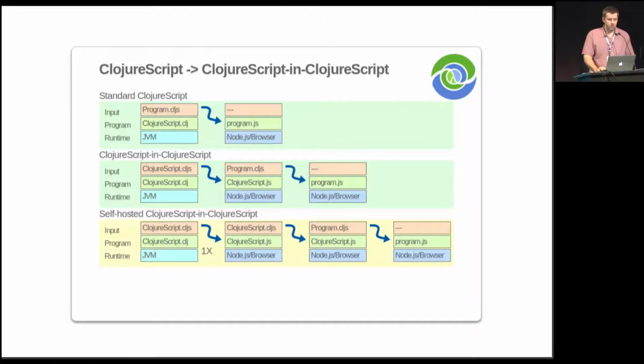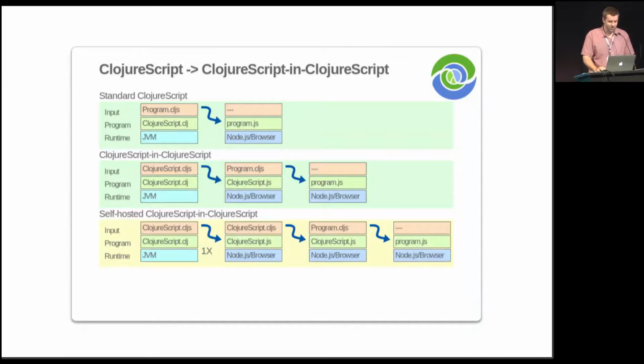Now, the real goal of this project is self-hosting, where the first few steps are similar. One time, you do the compilation from the Clojure version of the ClojureScript compiler. Sorry, this is a lot of repeating of Clojure and ClojureScript.